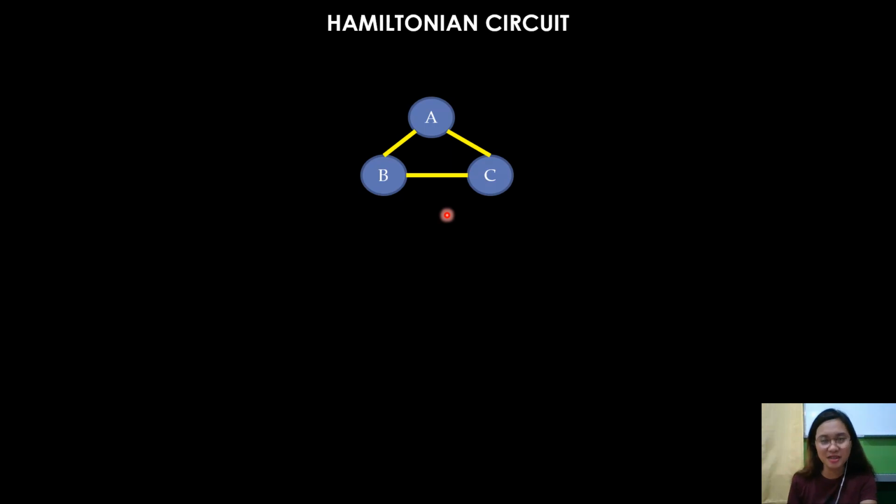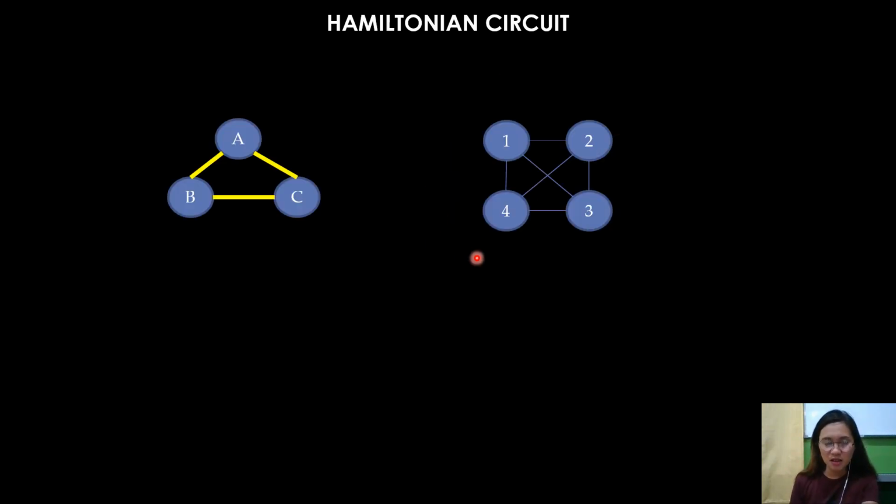So let's have another example. This graph. So we have four vertices, vertex 1 to vertex 4. So for example, let's start with vertex 1, going to vertex 2, then going to vertex 3, then going to vertex 4, then ending at the vertex 1.